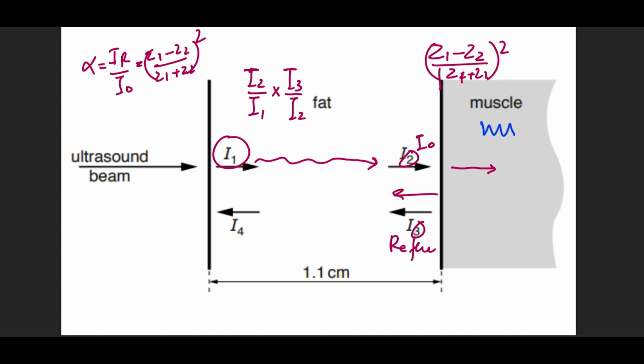Moving on from this point, multiplied by, again, this wave has to come back, loses some power, loses some energy. So over here, this would have been I4 divided by I3. Notice that I3 gets cancelled with I3, I2 gets cancelled with I2.